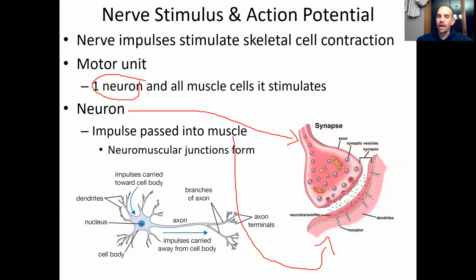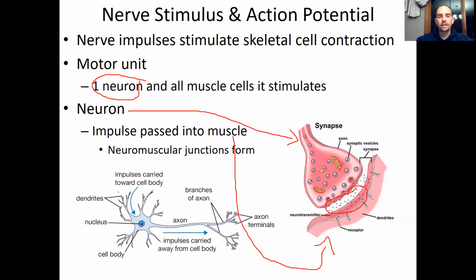And what happens is we pass these things called neurotransmitters, which are all in here. These neurotransmitters get passed across. So that's the chemical signal that gets passed across. And then when receptors receive that, that causes calcium to be released, and it causes something to happen with the myosin and actin, which you'll see on a video.